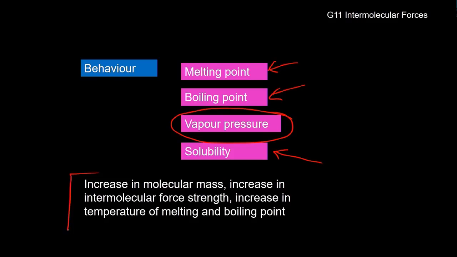And in order to overcome those intermolecular forces, a greater amount of energy needs to be put into the system. And so they will have a higher melting point and a higher boiling point. So that is a really important piece of theory to remember and to practice.